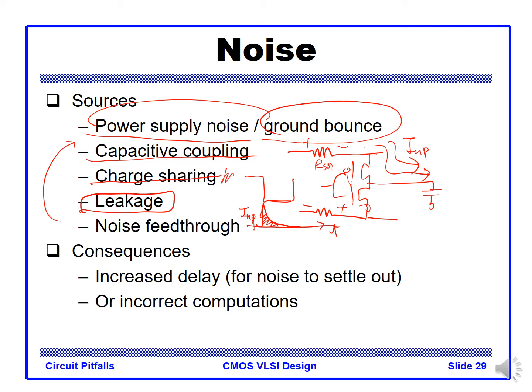So this kind of issue may result in increased delay, more delay in your design, or incorrect computations. So we have to take that into account, and when you design a digital circuit, we have to have a margin for such a situation.